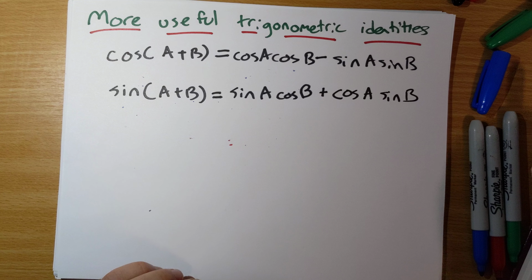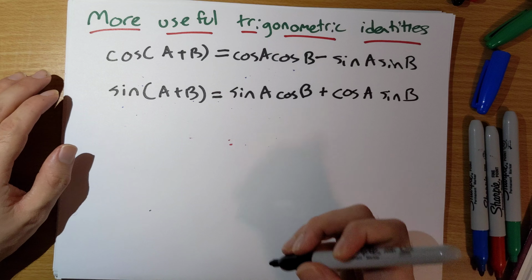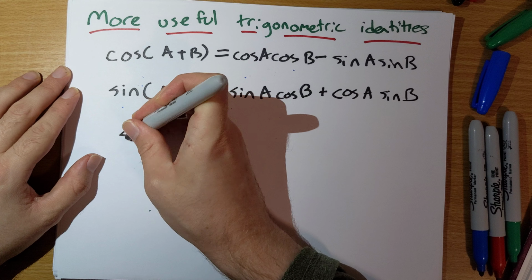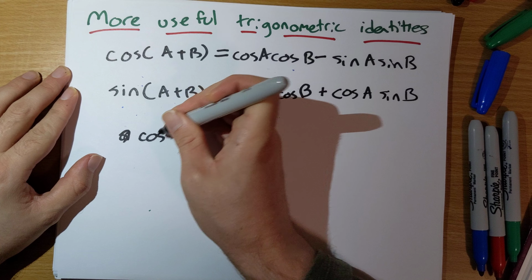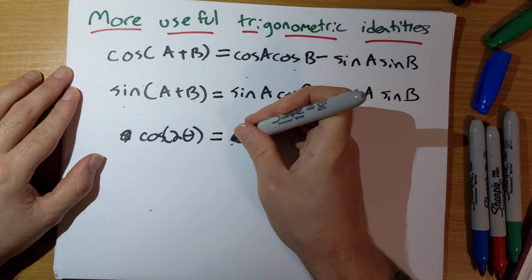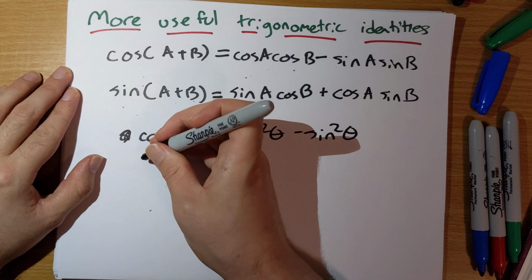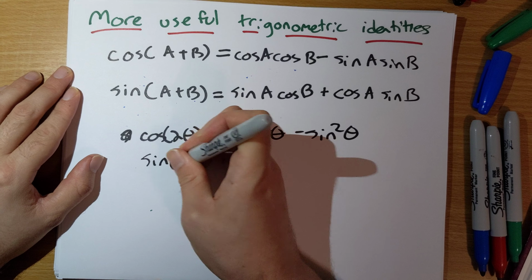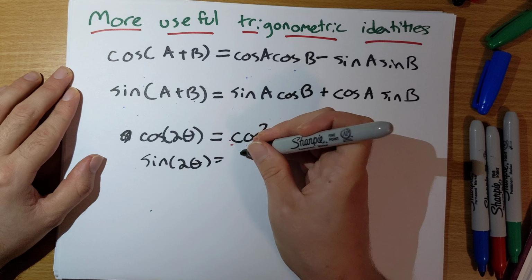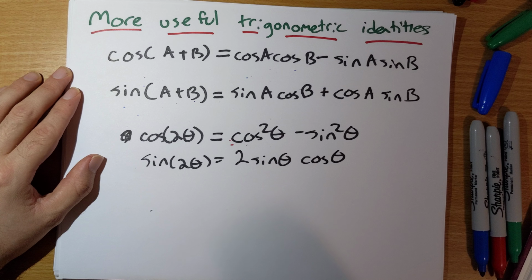We'll definitely be making use of this in Chapter 3. A couple of double angle formulas. Cosine of 2 theta is equal to cosine squared theta minus sine squared theta. And sine of 2 theta is equal to 2 sine theta cosine theta.